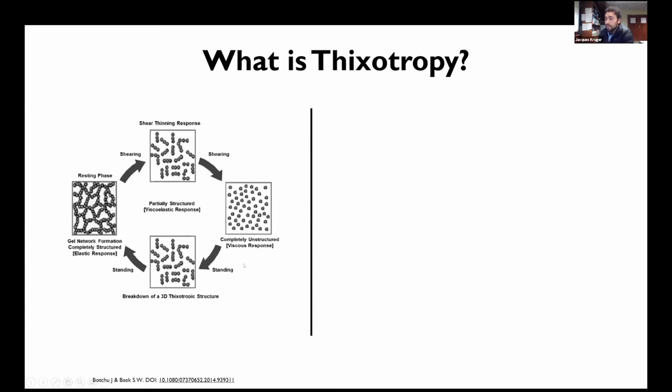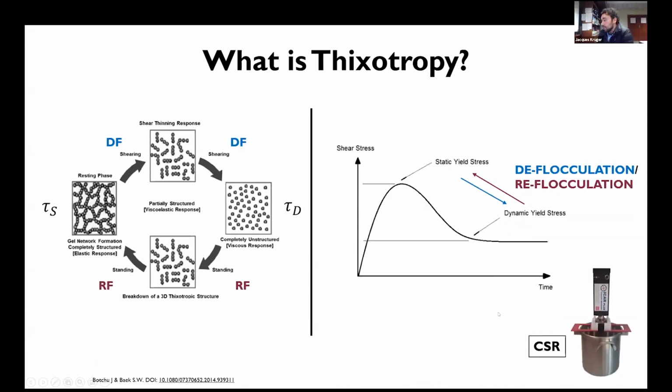Now, if you leave this material to rest, no more force imparted on it, so no more pumping or mixing, then you get this restructuration, or actually reflocculation, starting to happen. It's partially structured, so you get this viscoelastic response. And if you leave it long enough, you get this original microstructure again, which is the elastic response. This essentially is what we need to get good 3D printing. To put it into context, we characterize this with the use of the I-choriometer.